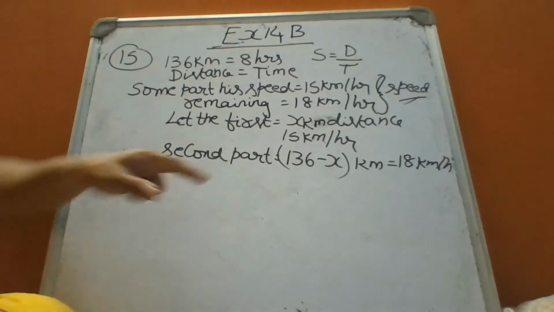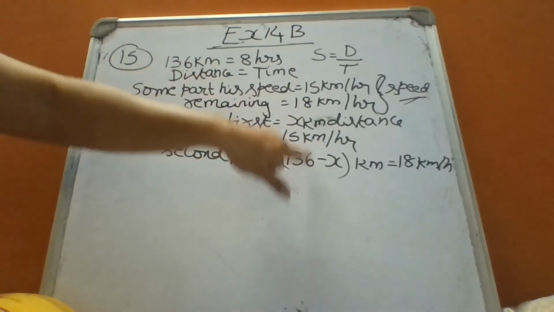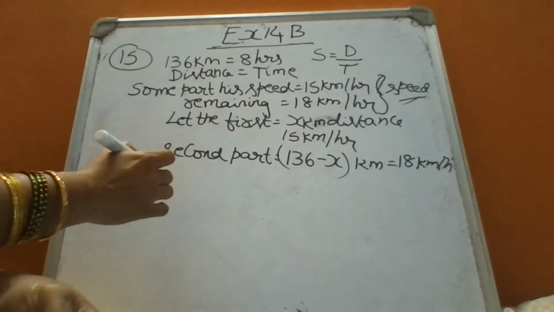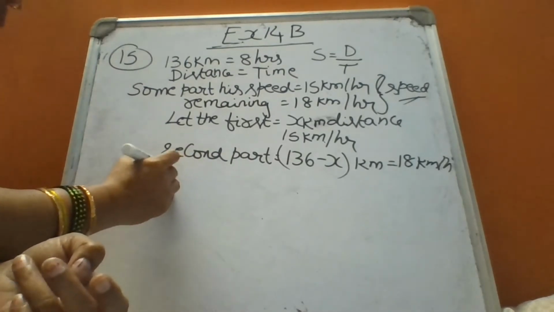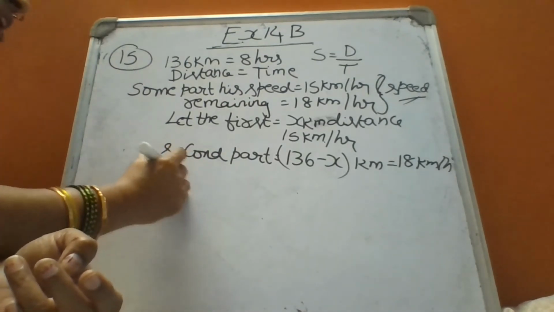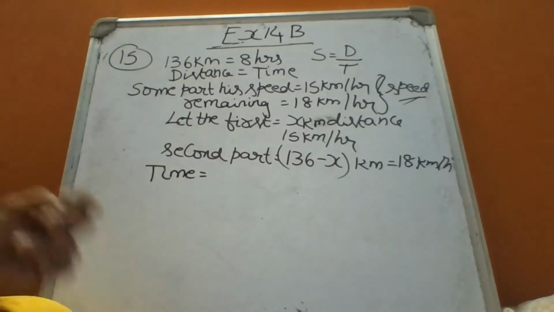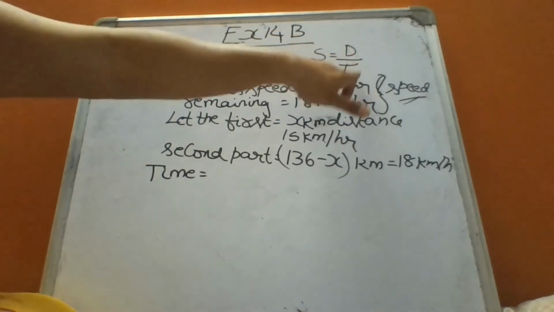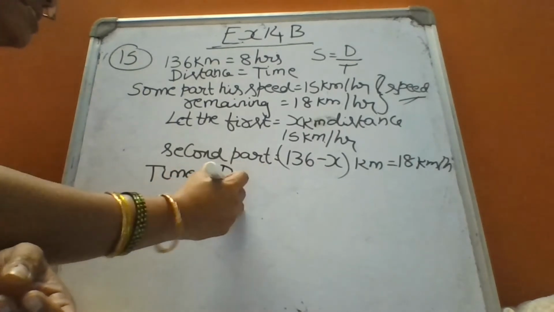Now, for both these distances the time taken is 8 hours. What is the formula for time taken, how do you calculate time taken? We know that speed is equal to distance by time, so time will be equal to distance by speed.